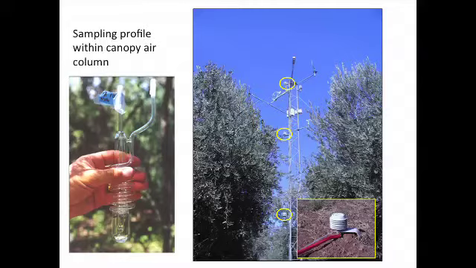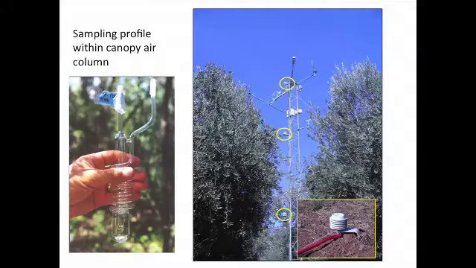We pulled air using a pump down from different heights of the vegetation, collected it into vapor traps using dry ice alcohol slurry at minus 80 degrees, collected all the water out of the air at different heights, and then over hour time frames, collected enough samples to do a Keeling plot analysis.